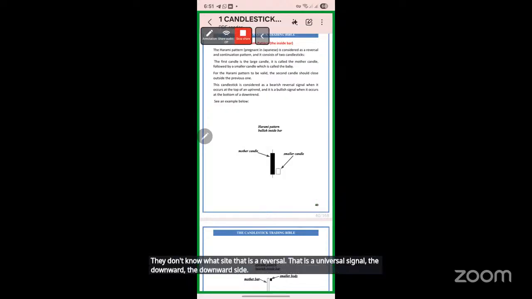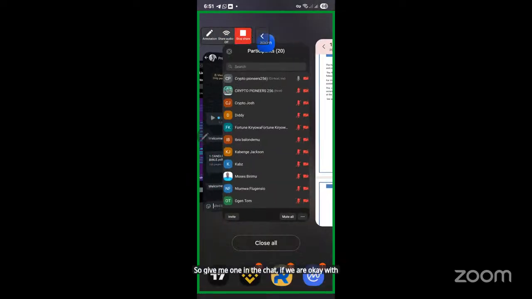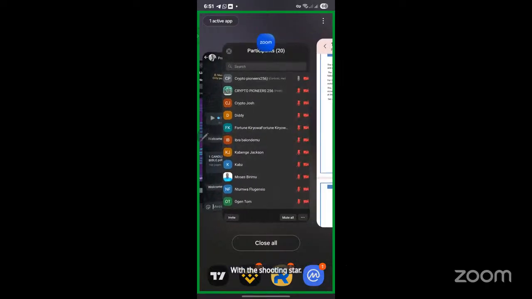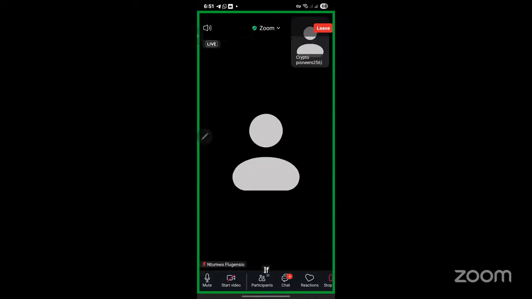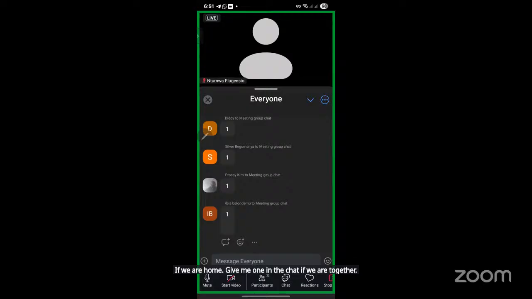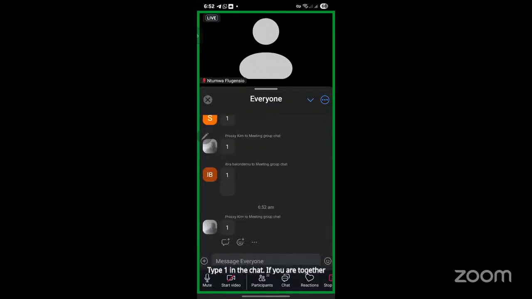Give me one in the chat if we are okay with the shooting star and the harami. Type 1 in the chat if you are together, and if you are not together, type 2.